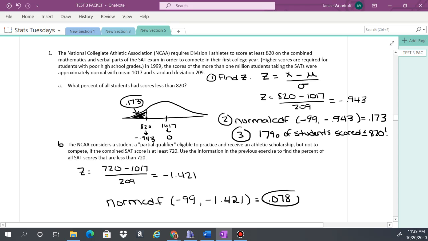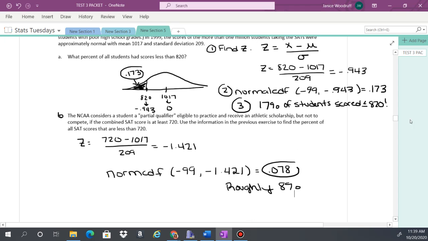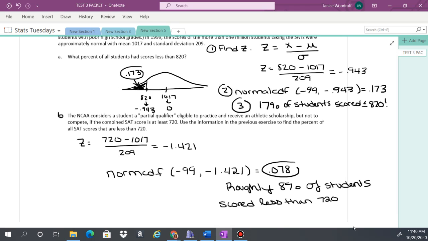So that's roughly 7.8%, or roughly 8%. We'll say roughly 8% of students scored less than a 720. Okay, so that answers both of those questions in context.